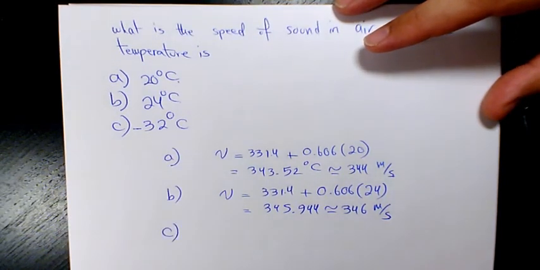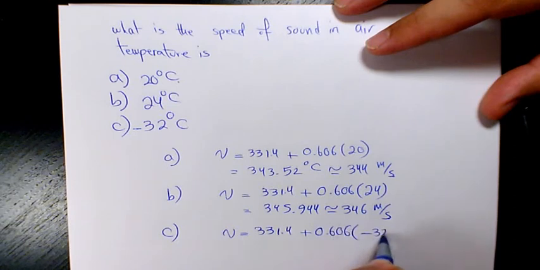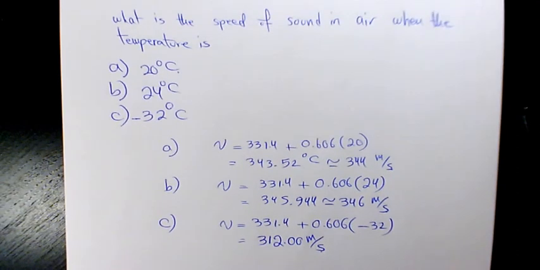C is negative 32, so it's obviously the speed is going to be less than 331.4, so it is going to be 331.4 plus 0.606 times negative 32. It's going to be 312 meters per second. So these are the speeds of sound at different temperatures.